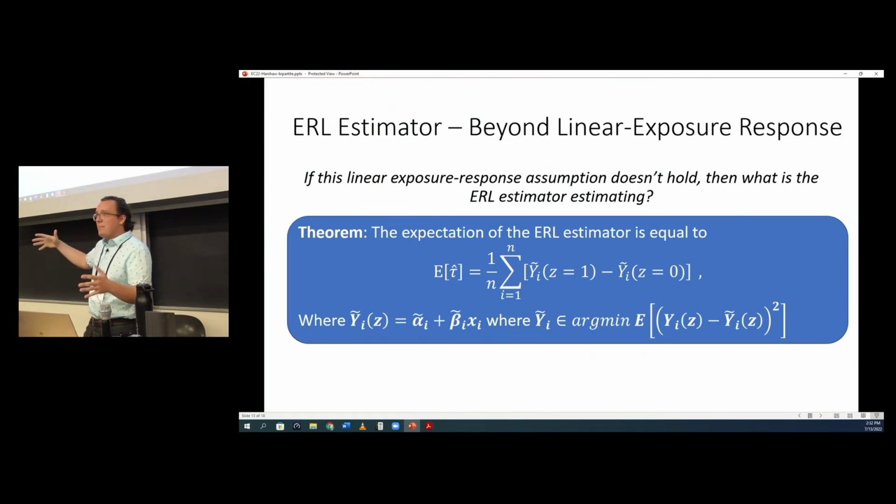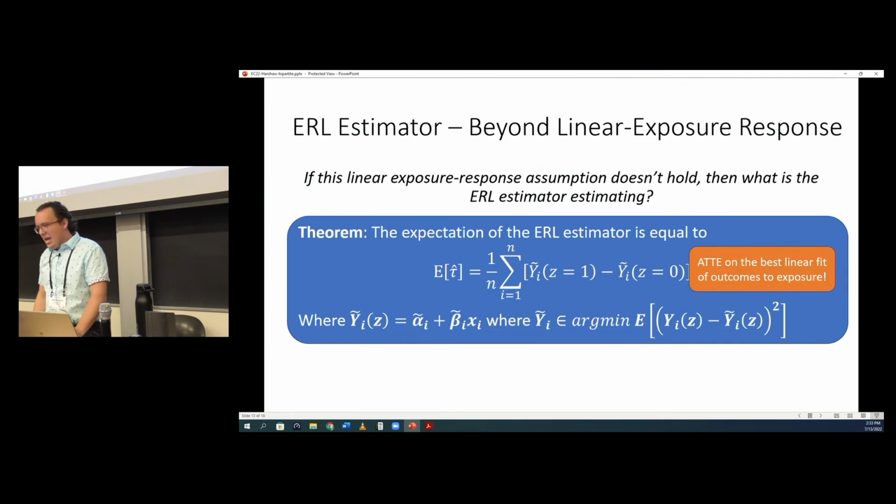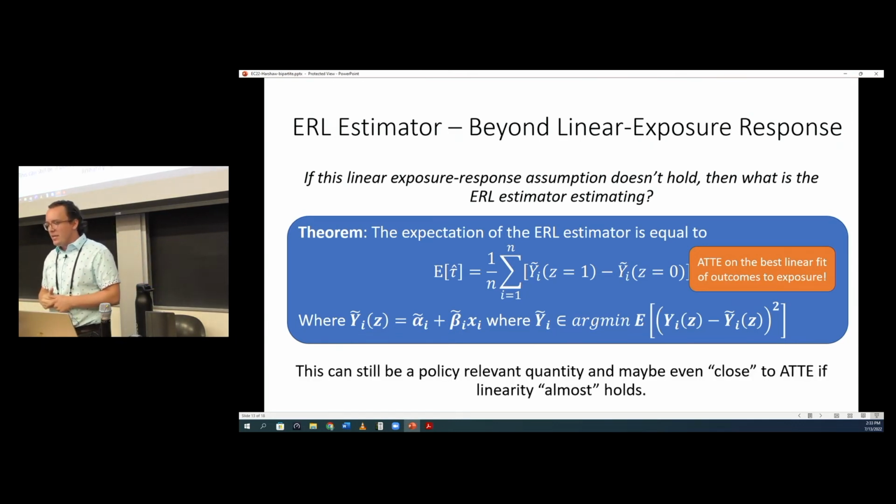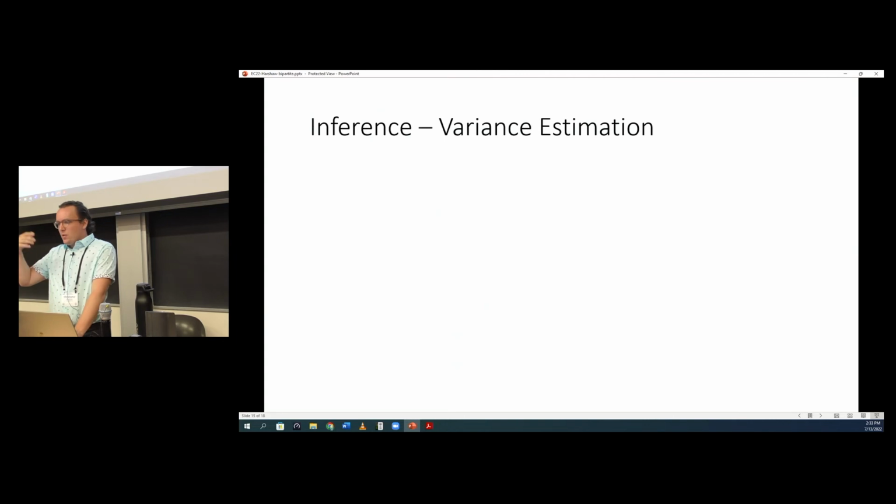And by best fit, I mean with respect to the design, with respect to the sampling that you actually do. So one way to interpret this is that even if you don't believe the linear exposure response assumption, the thing you're estimating is the average total treatment effect on the best linear fit of the outcomes to the exposures. And maybe this is still a policy relevant quantity, and it's close to the average treatment effect, even if linearity almost holds. OK, so those are some of the results.